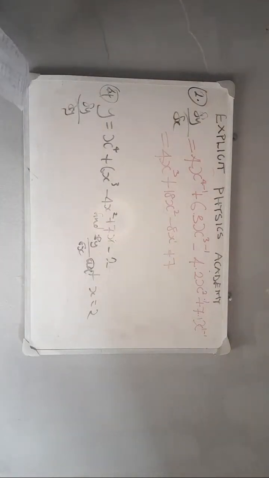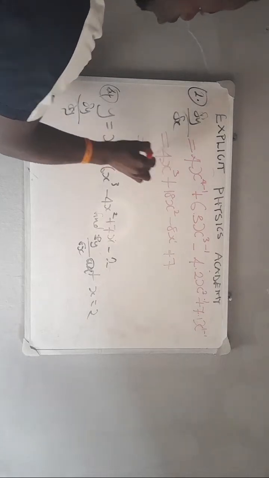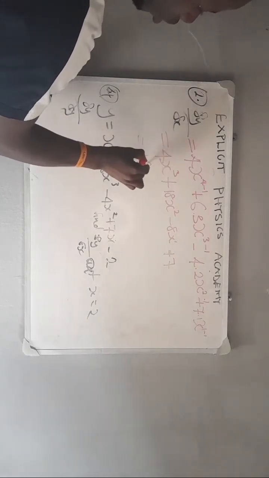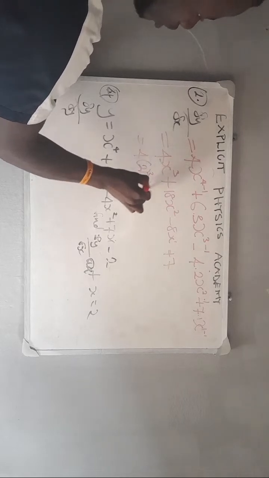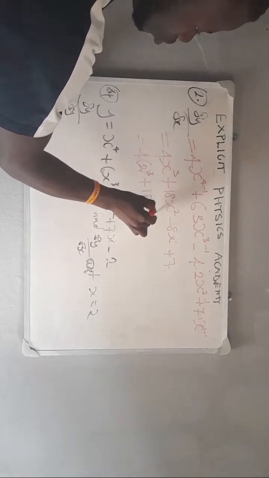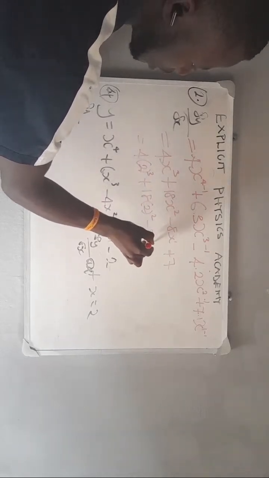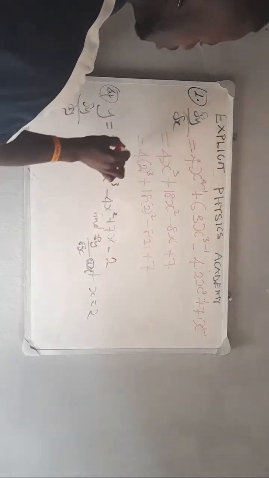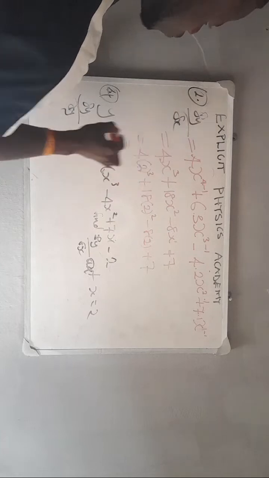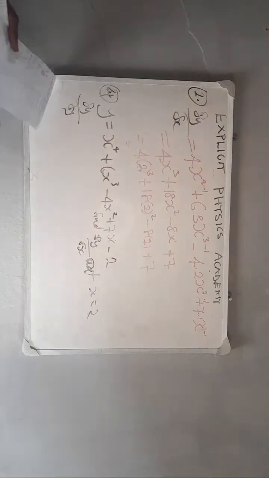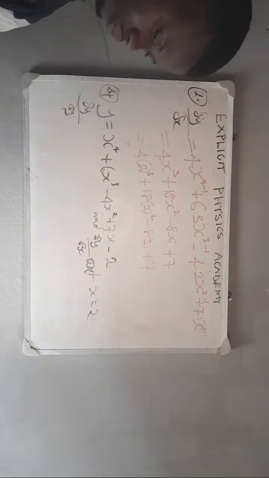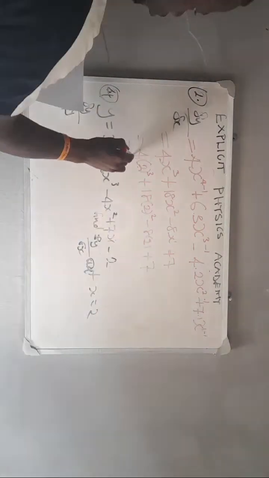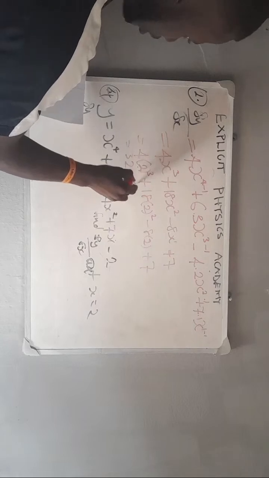Now they say at x equal to 2, what becomes that function? At x equal to 2, you should put 2 here. So you're going to have 4 times 2 cubed plus 18 times 2 squared minus 8 times 2 plus 7. So we're going to have 8 times 4, which is 32, plus 72.